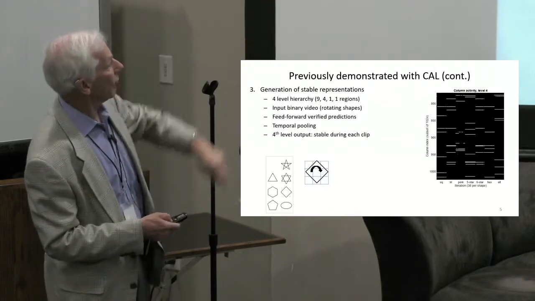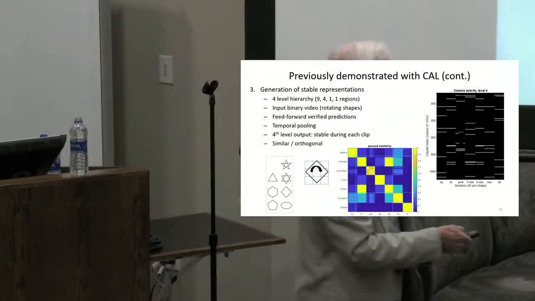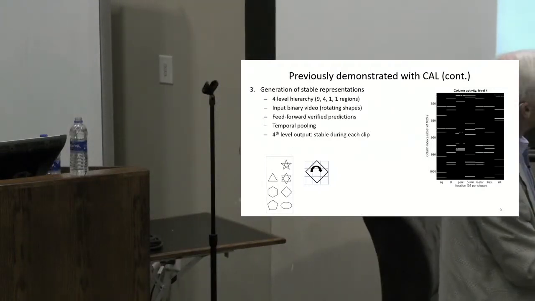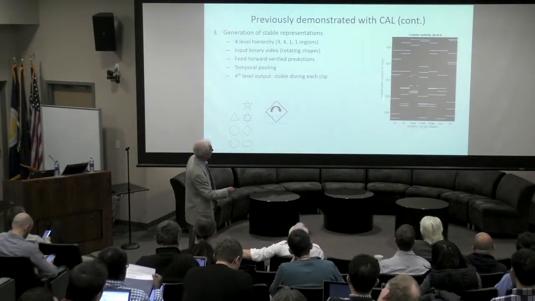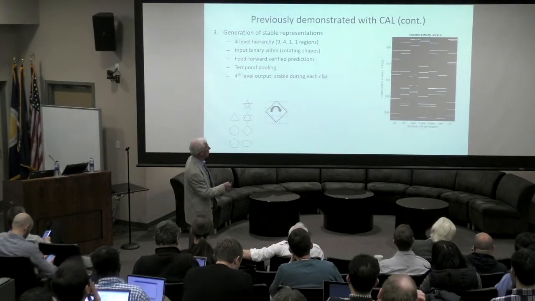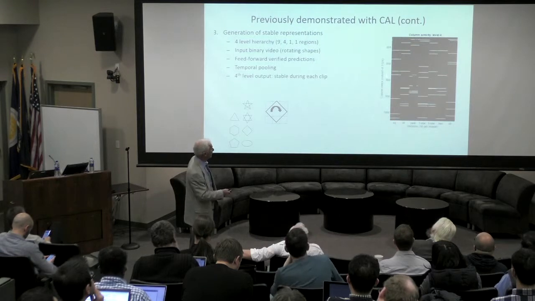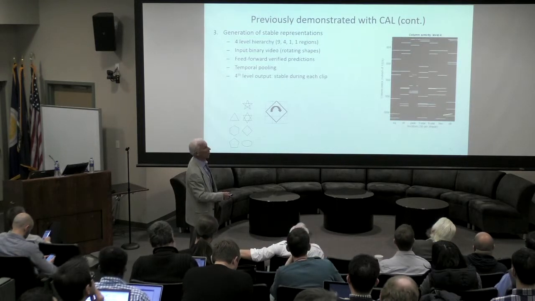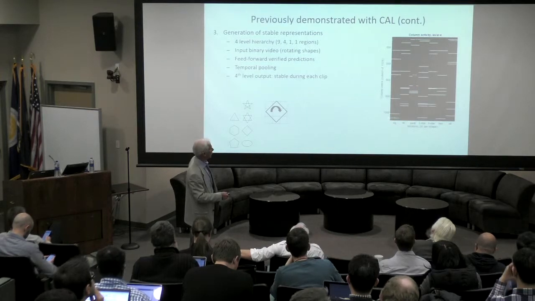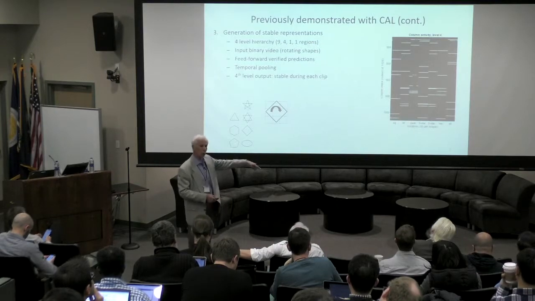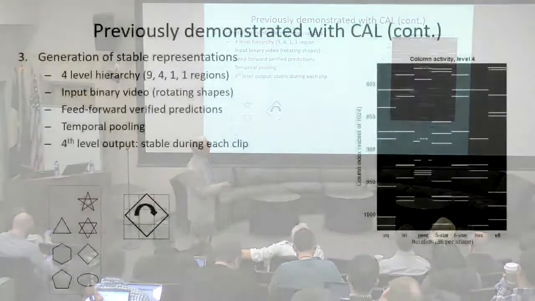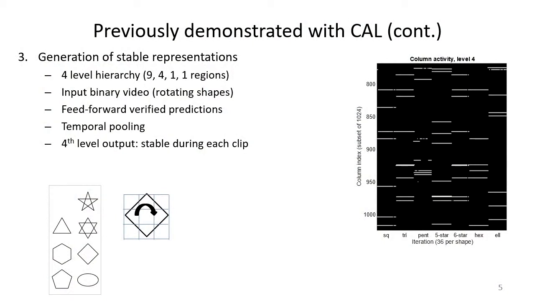So by the time you get to the 4th level, what I'm showing you here is a subset of the column indices. This is showing the active columns as a function of time, if you like, or iteration. For each one of these shapes, there are 36 iterations, and you can see that while the shape is being shown to the very lowest level, the 4th level has a stable output. So that is a representation.